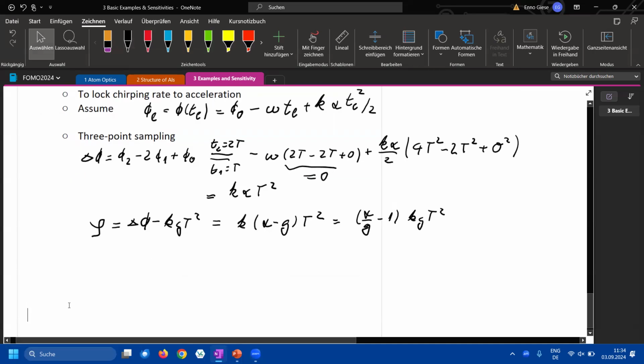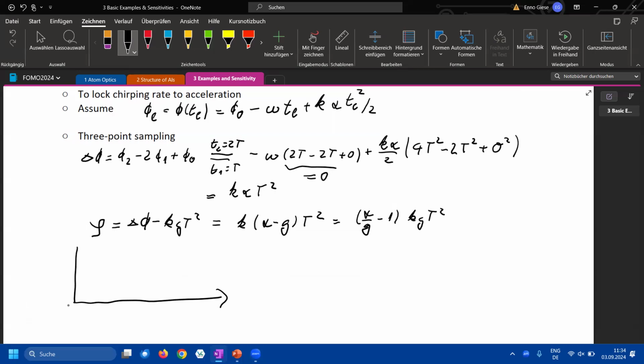Let's now see how we find this point. The phase is 2 pi periodic, so we cannot really extract the gravitational acceleration directly from it, because of this 2 pi periodicity. But what we really want to find is this point where alpha is exactly equal to g. And we find this by performing experiments.